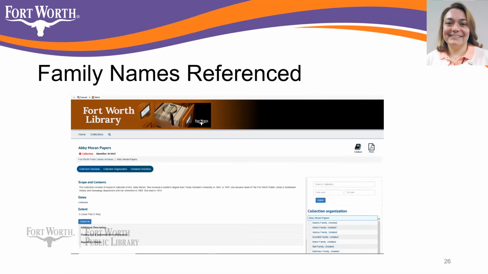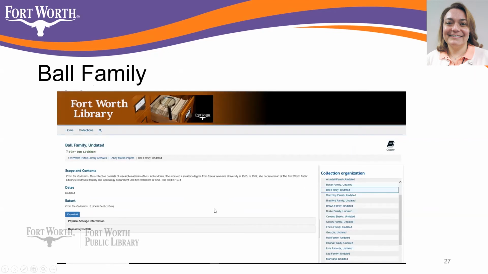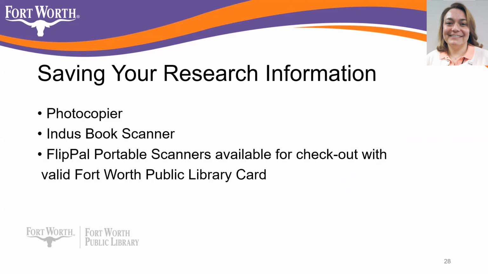And there's an entire list of names on the right-hand side. For example, here is the Ball family. Once you have your information, you can save it. There's different ways of doing this. We've got a photocopier, we've got a book scanner, we've got portable scanners.